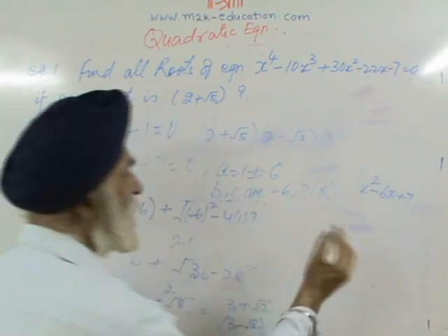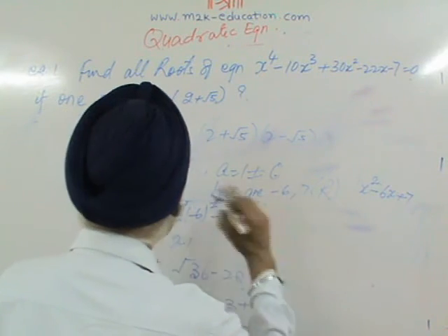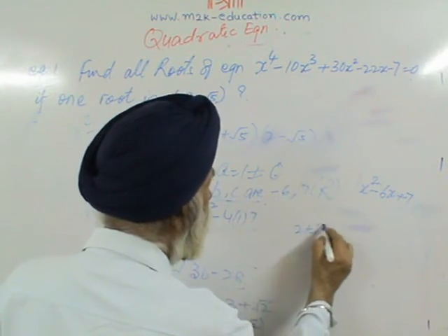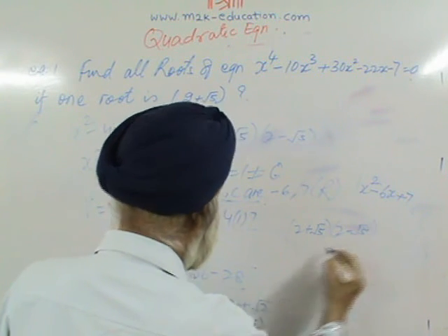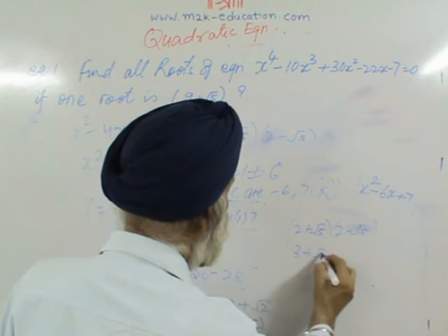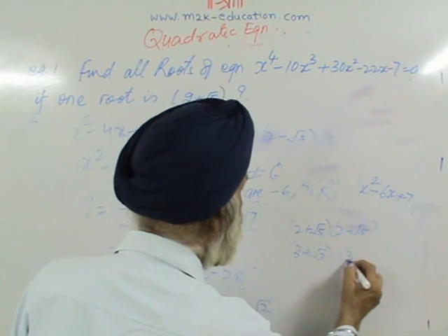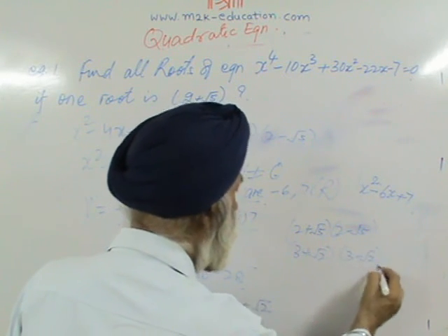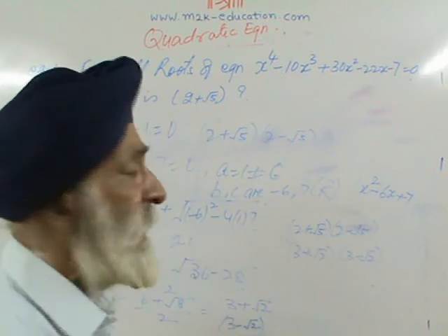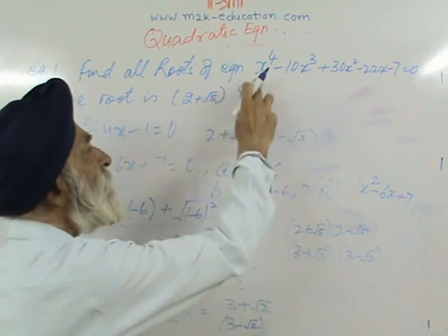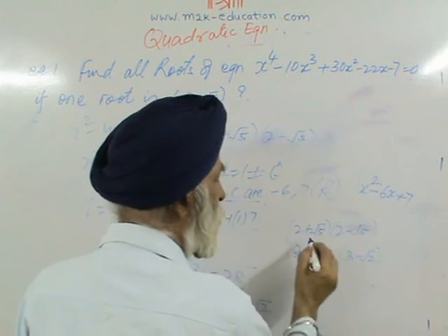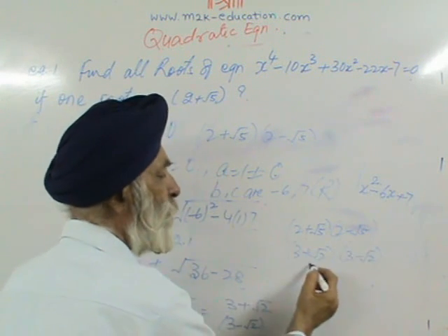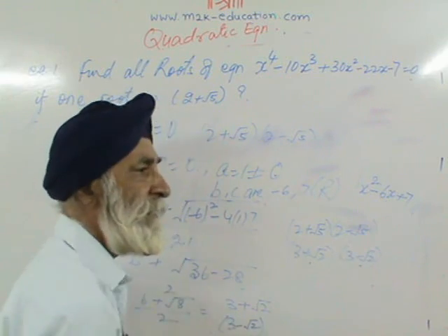So finally, all the 4 roots are 2 plus root 5, 2 minus root 5, 3 plus root 2, and 3 minus root 2. And if you substitute any value in this equation, you will get the end result as 0, whether you put this or this or this or this. Okay?